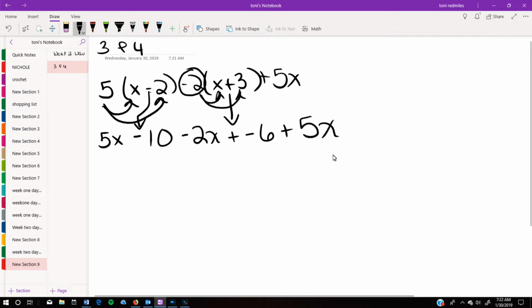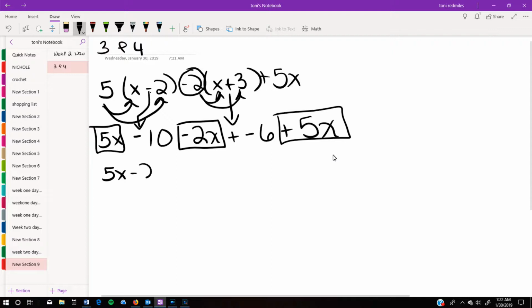Alright, now I can get my like terms together. So here are all my x terms. I'm just going to rewrite my equation. Okay, and then my constant terms are the -10 and the -6.